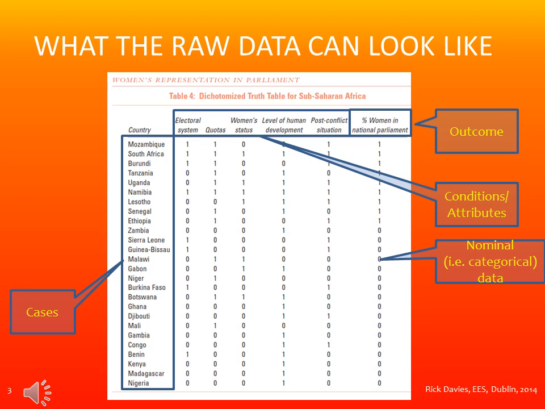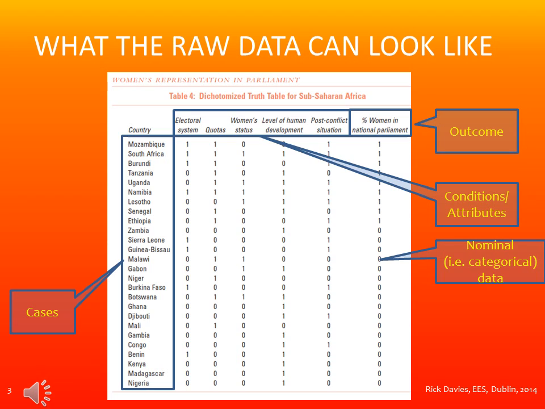In this data set you can see the 26 countries listed down the left hand side, row by row, and across the top you can see the first 5 columns describe different attributes of those countries which the author thought might be associated with different levels of women's participation in parliament. And on the far right column is the percentage of women in parliament.